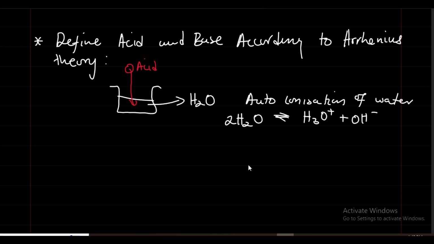Meaning, how does it increase the concentration of hydronium ion in water? The acid itself must produce protons, hydrogen ions, so that when those hydrogen ions meet with water, they will form hydronium. So now the concentration of the hydronium ion in water will be increased. Why? Because already, because of auto-ionization of water, there's a hydronium ion. There's concentration of hydronium ion and concentration of hydroxide ion.